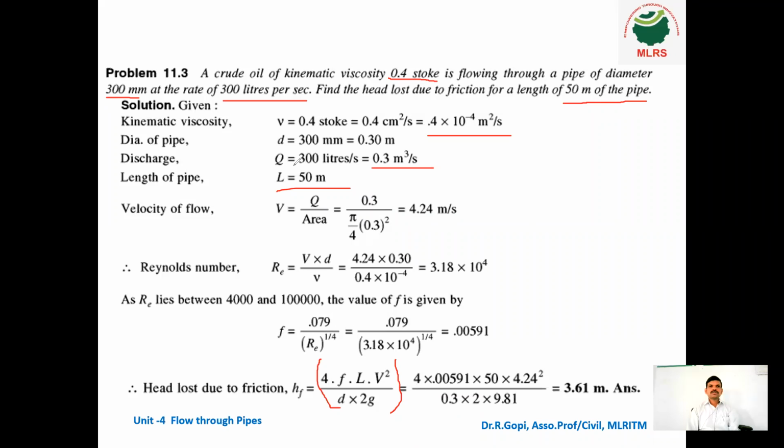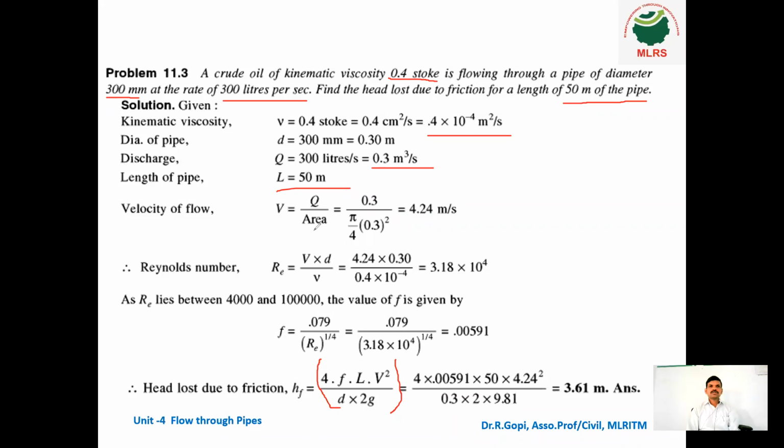Once they have given discharge and diameter, we can easily calculate the velocity. What is the velocity formula? Q divided by area.